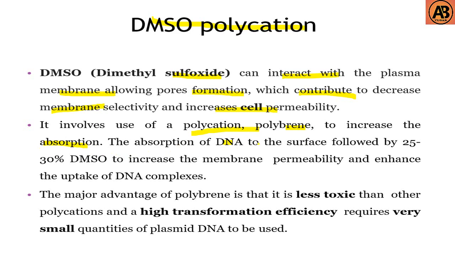The absorption of DNA to the surface is followed by 25 to 30% DMSO to increase the membrane permeability and enhance the uptake of DNA complexes. The major advantages of polybrene are that it is less toxic than other polycations and high transformation efficiency requires very small quantities of plasmid DNA to be used.